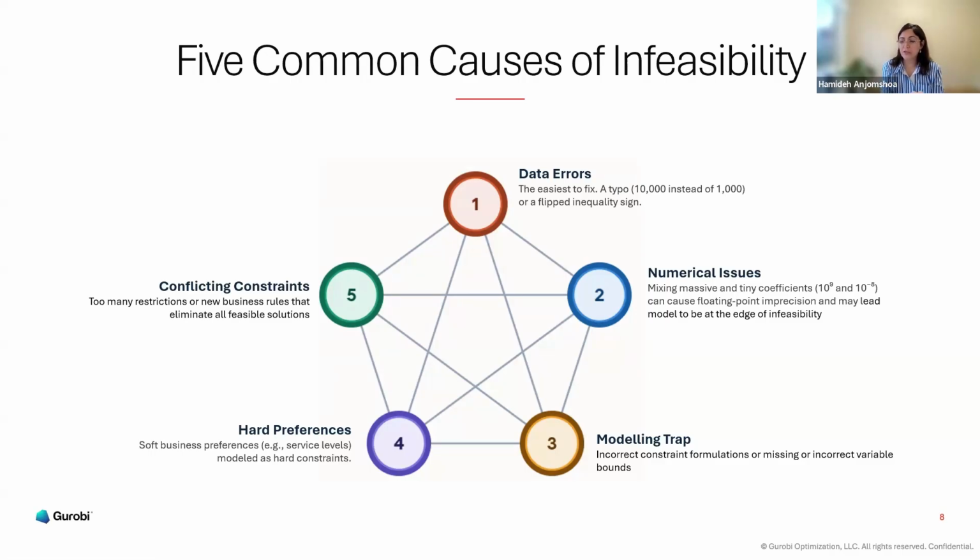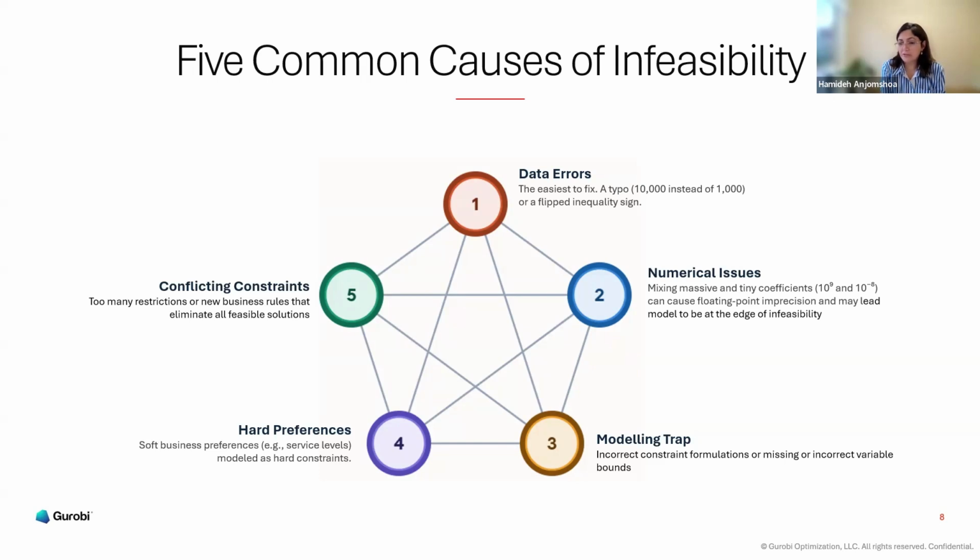This is very important, because when you're mixing massive and tiny coefficients together and you're getting into floating point precision issues, sometimes your model becomes at the edge of infeasibility, depending on how you define your tolerance in your model.